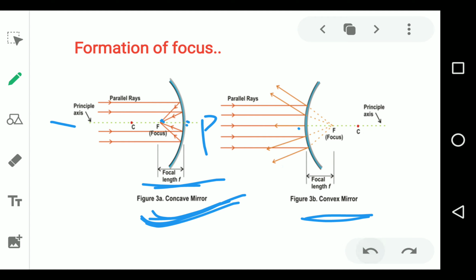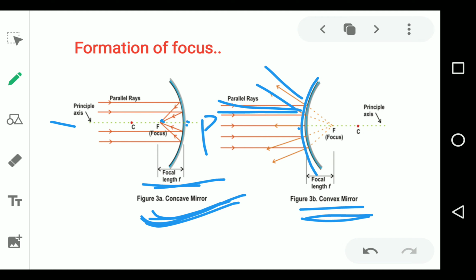But the difference in the formation of focus between the concave mirror and the convex mirror is that in the case of a convex mirror, the light rays are diverging in nature. Diverging in the sense that after striking the reflective surface, they all go in opposite directions, away from each other.